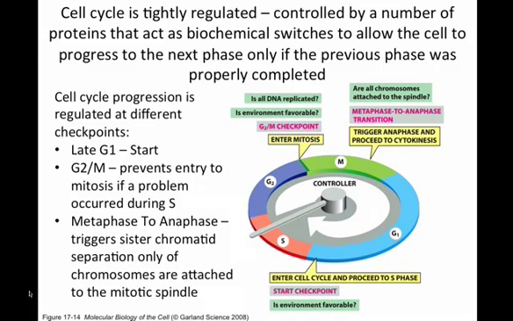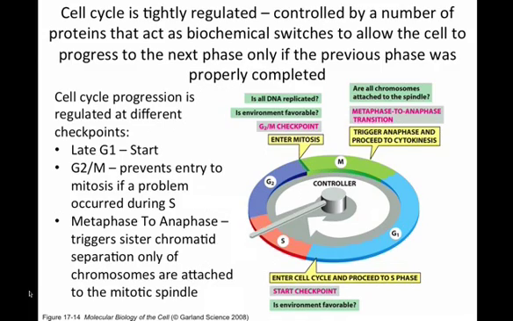And so this brings up checkpoints specifically. Cell cycle progression is regulated at specific checkpoints. At these checkpoints, the cell checks for certain things, and if those things aren't appropriate, then cell cycle arrest happens.